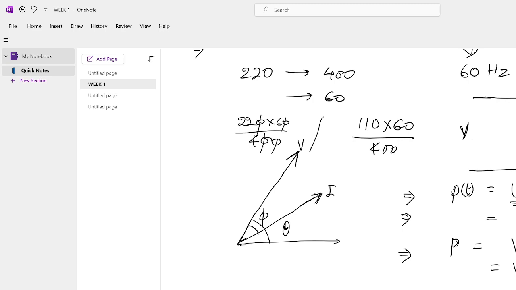Then it becomes VI, and in phasors the angles are added: theta plus phi minus theta. So theta and theta go away and you get VI angle phi. This is the phasor representation of the power. So you have P equals VI angle phi.